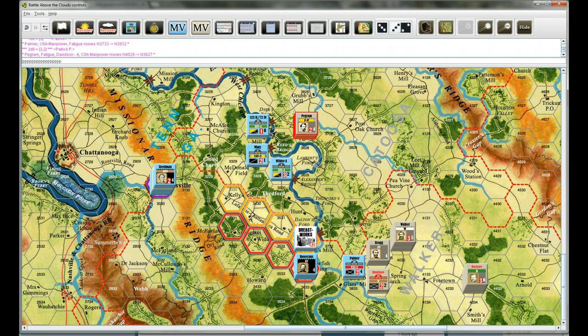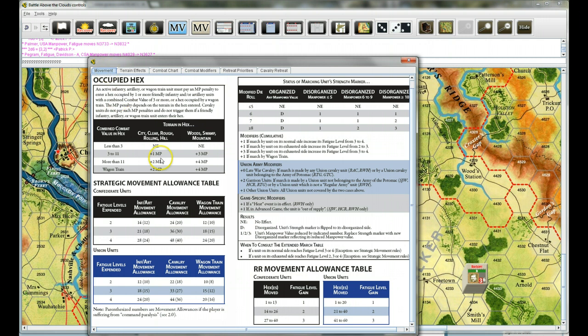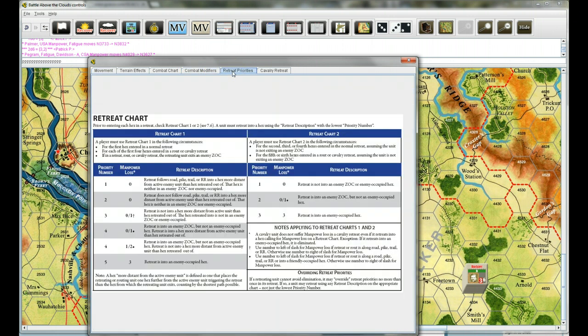And since I've segued into that, let's talk a little bit about the leader bonuses that you get. I'm going to pull up our charts again here. And we're going to look at the movement, and right here, I guess it's not in here, but on one of the other charts, they also show all of the variations of the leadership.